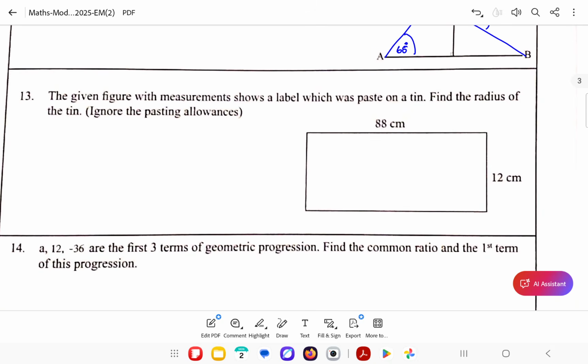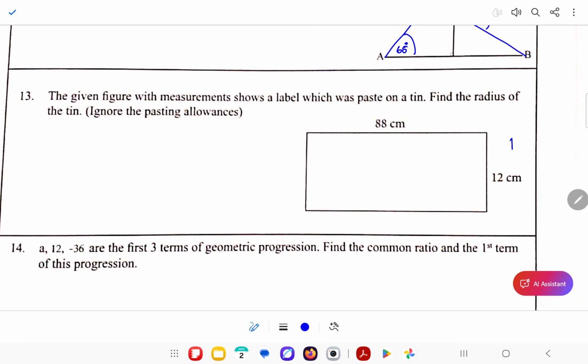Then question number 13. The given figure with measurement shows a label which was pasted on a tin. Find the radius of the tin. So this is the curved surface of the tin or the cylinder. So this is going to be the height. 12 centimeters is the height. This is the circumference of the circle, 2 pi r. So 88 centimeters is equal to 2 pi r.